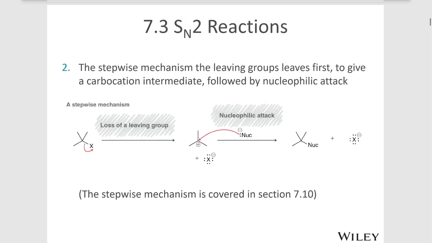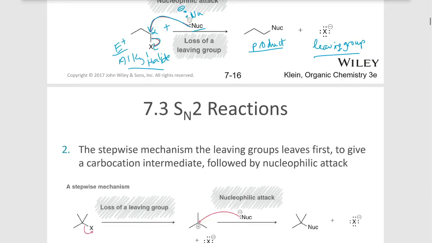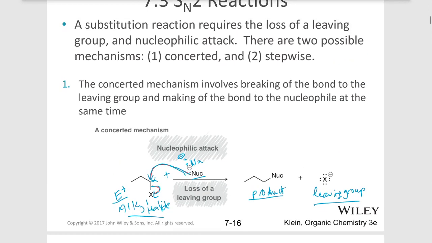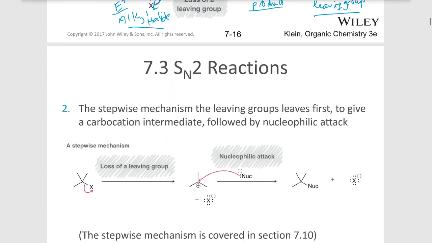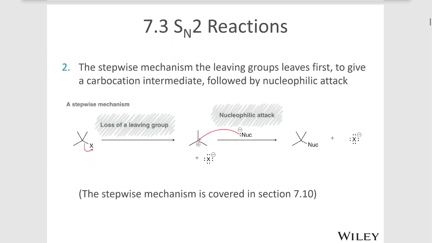Okay, so the SN2 mechanism is that concerted mechanism where we have the nucleophile attacking, leaving group leaving, all in one step. We'll look at the rate equation for that reaction and the diagram for that in just a little bit.